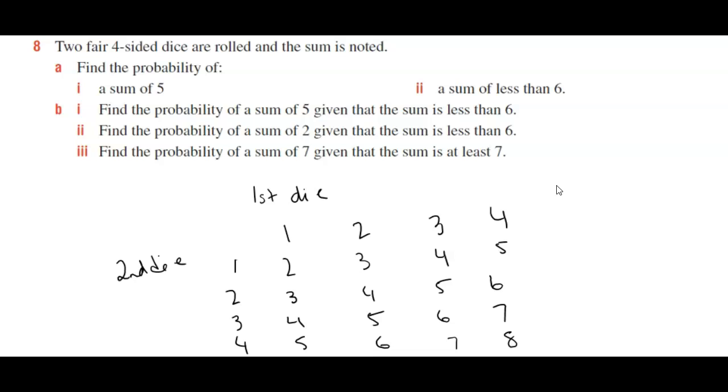Find the probability of a sum of 5. So the probability sum of 5. So we've got 1, 2, 3, 4. So 4 out of 16 possible outcomes. So a quarter. So 16 because it's a 4 by 4 table.